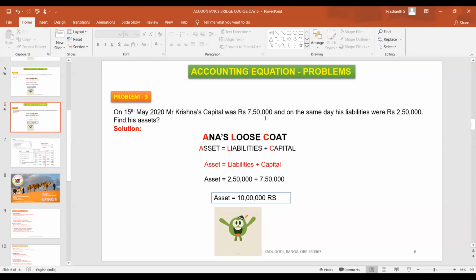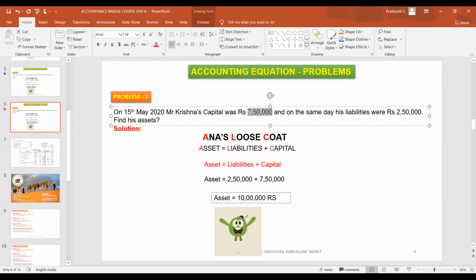Now I'll twist the question and give. For example, I'll make the liability 5 lakh.